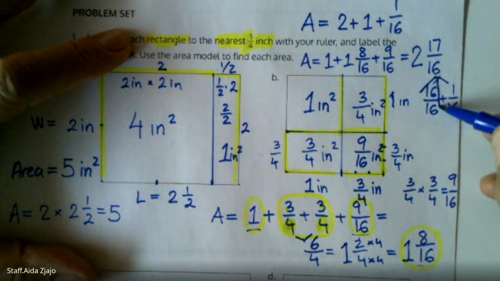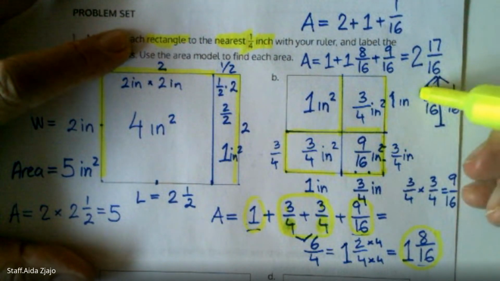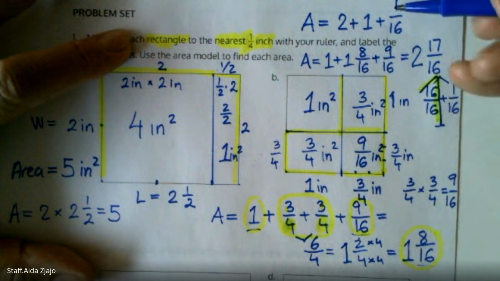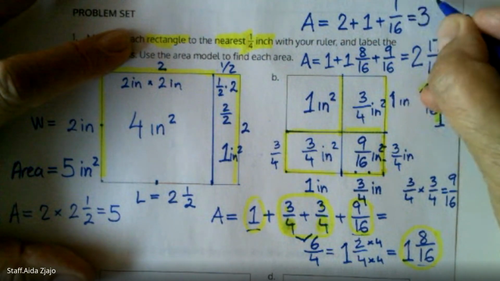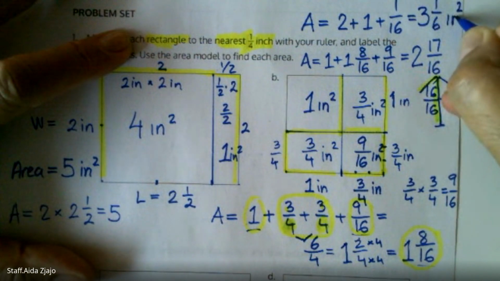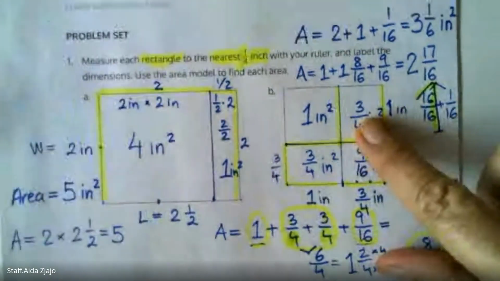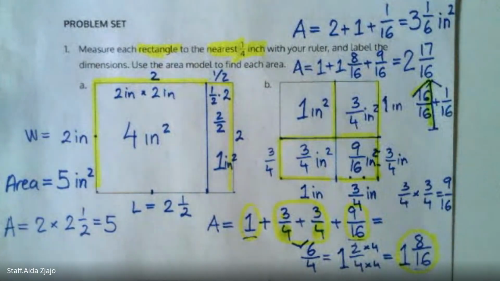Sometimes I do it like this. 16 16ths makes a whole. So the final answer is 3 wholes and 1/16 square inches. That is the area of square B.